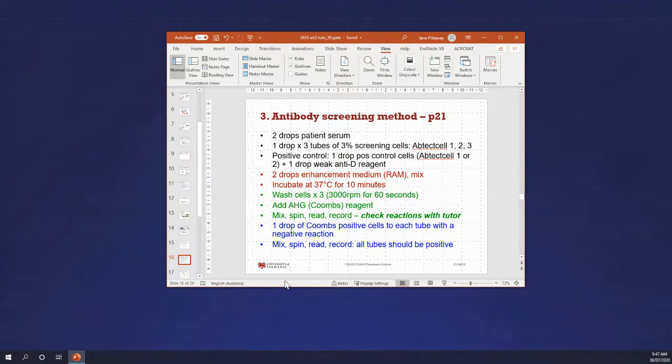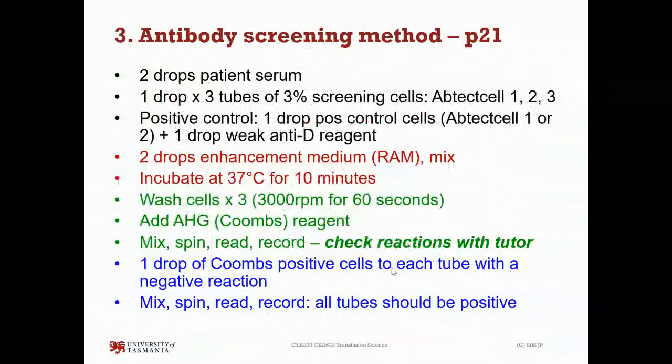To ensure it's not a false negative. Well done, Kelly. Yep. To make sure that we have actually added our AHG reagent to all of our tubes and we haven't missed any out. Once they have been mixed and read, all of these tubes should be positive. But there's no point showing your tutor your antibody screen tubes once you've put the Coombs control cells in there, because they'll all be positive, won't they? So check with your tutor before you add your Coombs control cells to your negative reactions.